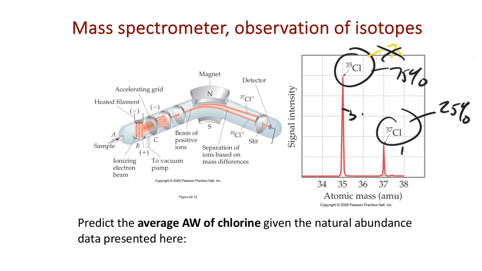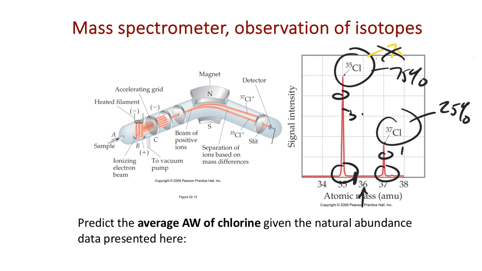So if I said, without looking, what do you think the average atomic weight of chlorine is? Well, this mass is about 35. This mass is pretty close to 37. A 50-50 ratio would have put the average at 36, 100% would be 35, 100% would be 37. So a 3-to-1 ratio, probably about 35.5. If you look at chlorine on the periodic table, it's 35.453.